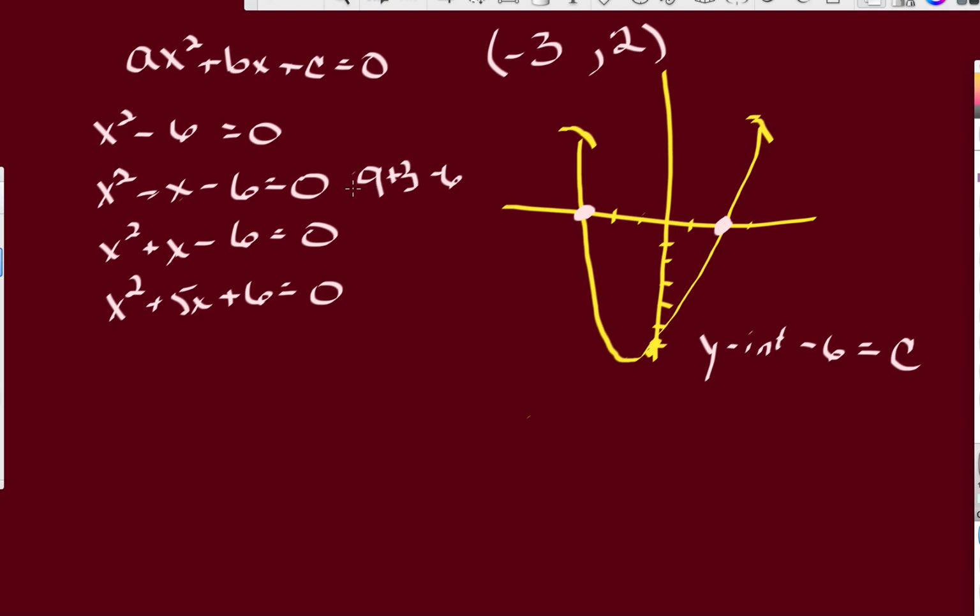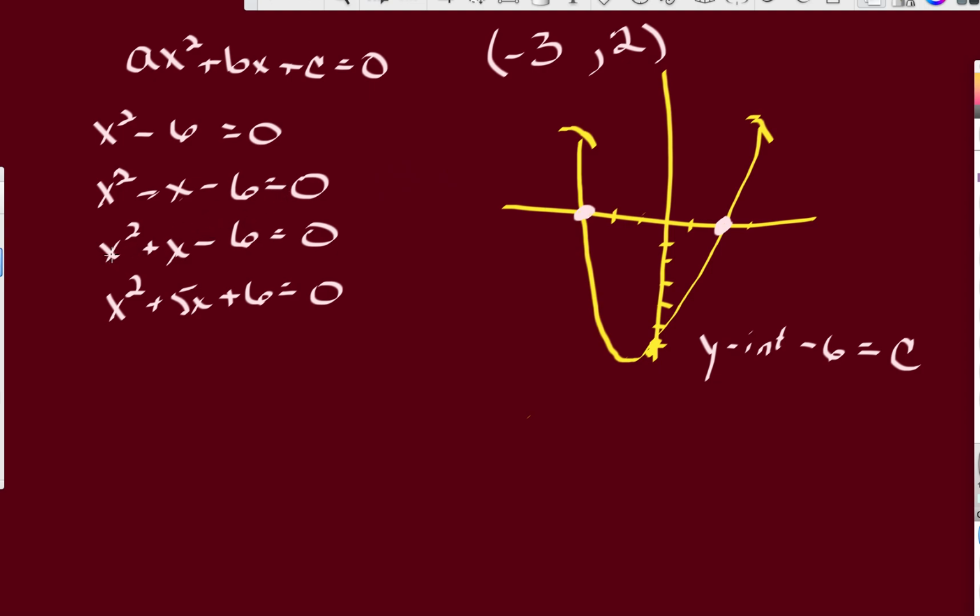Does that equal 0? No, that's 12 minus 6. That equals 6. So get rid of that. That's garbage. We don't even like that. Boo. Okay, so we'll go to the next one.